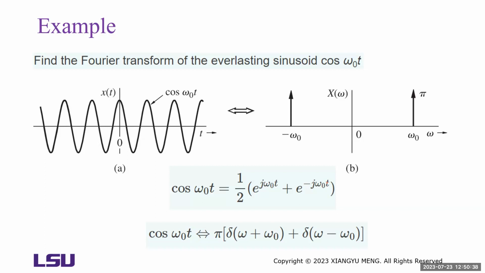Therefore, the Fourier spectrum consists of only two frequency components, one at omega 0 and another at negative omega 0.